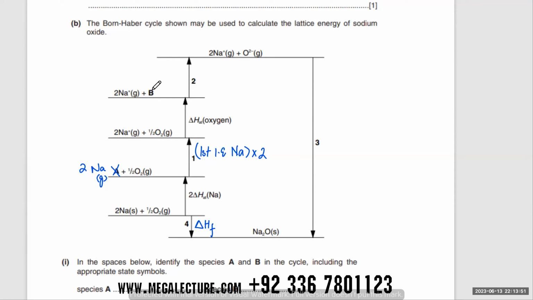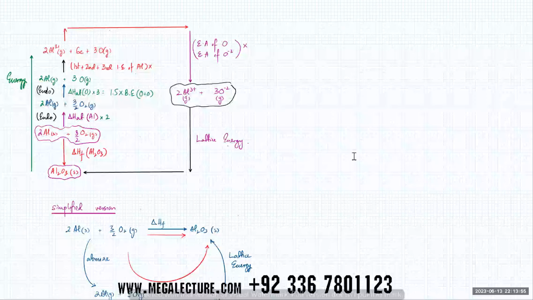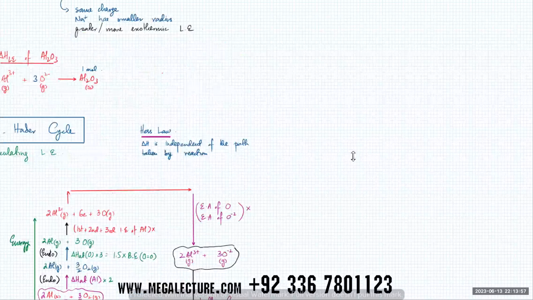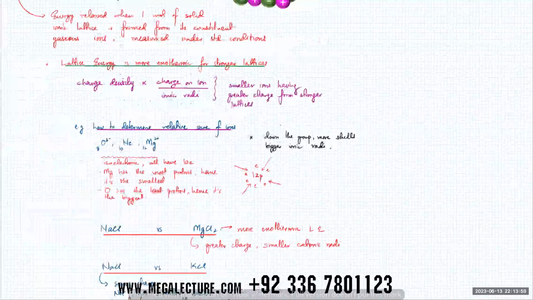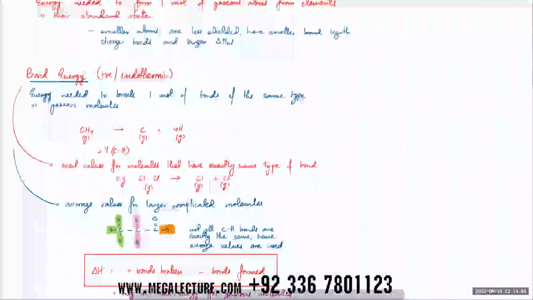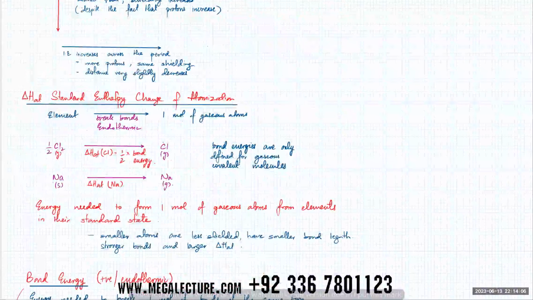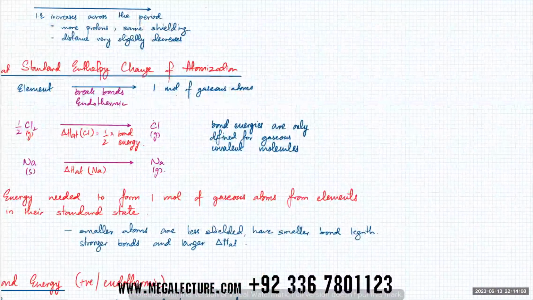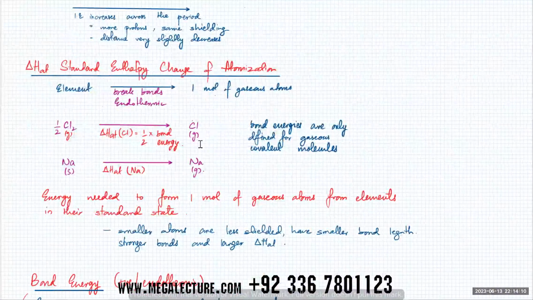What happens in atomization? Electron affinity, bond energy. This was atomization. In atomization, 1 mole of gaseous atoms was formed from its element, right?